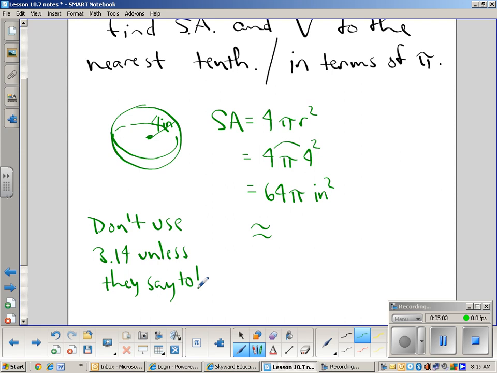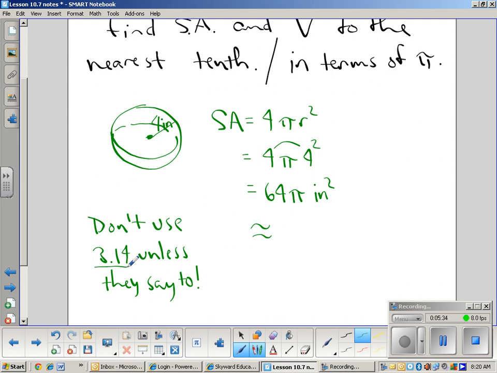If they say use pi as 3.14, then in that case, don't use the button on your calculator. The button on your calculator gives you what? The infinite number of digits: 3.141592 blah blah blah forever, right? And this strictly is 3.14. In some situations, the rounding would be different.